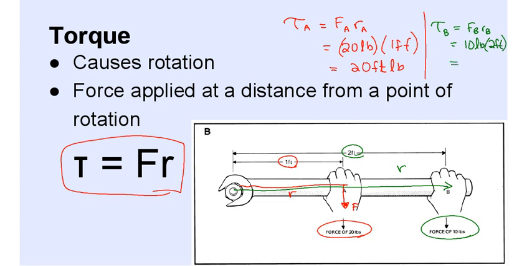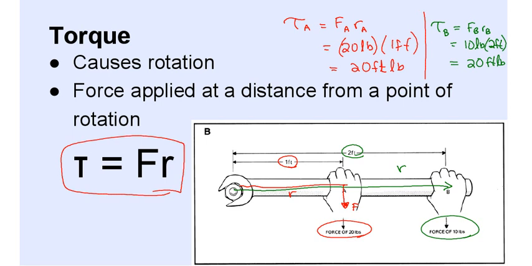So even though I'm pulling with half of the force, I still have the same amount of torque. Okay? Torque causes rotation. Torque is force applied at a distance from a point of rotation. You need to know how hard you're pulling and where you're pulling.